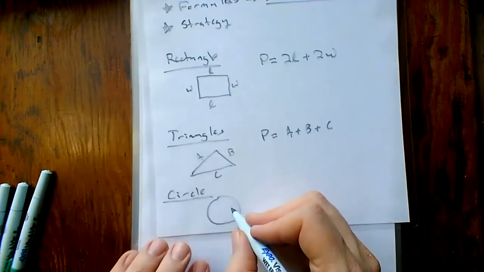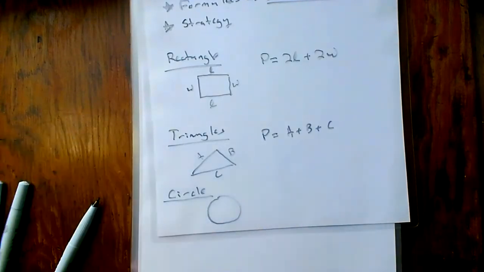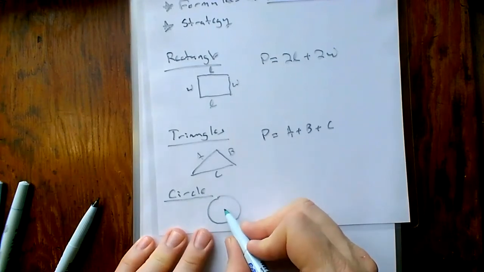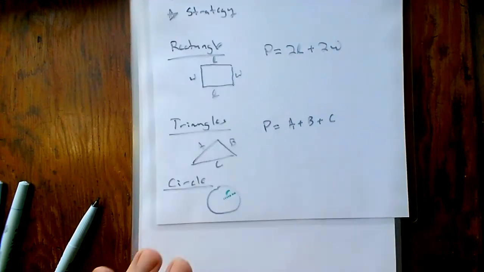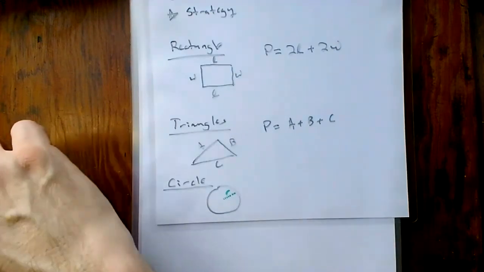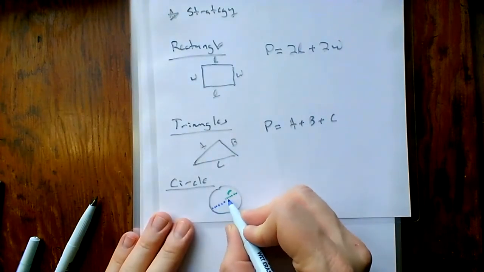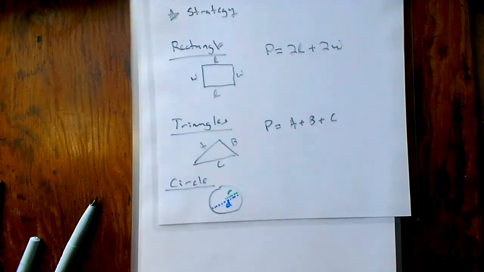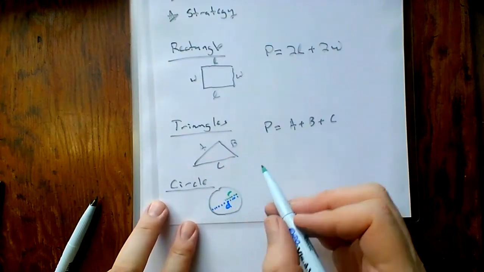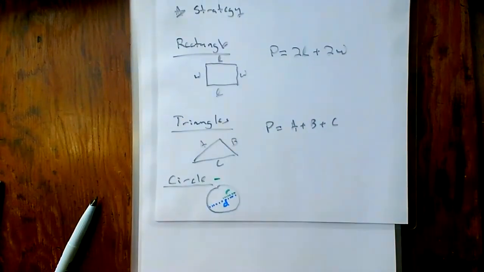When we're measuring, we're usually going to measure either the radius, which is the distance from the center to the outside, or I could have the diameter, which is the distance all the way across, measured through the center. Now, with a circle, we don't use the word perimeter, we use the word circumference.